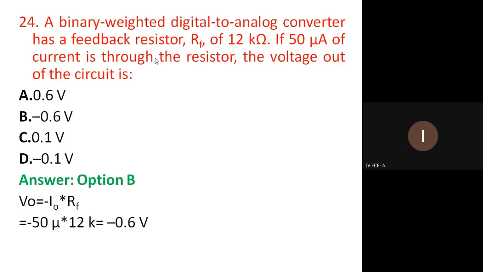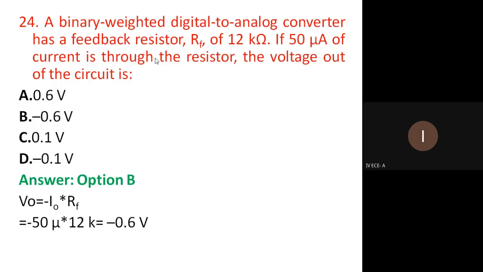Then 24th. A binary weighted digital to analog converter has a feedback resistor RF of 12 kilo ohm. If 50 microamps of current flows through the resistor, the voltage out of the circuit is, options are 0.6 volts, minus 0.6, 0.1, minus 0.1.